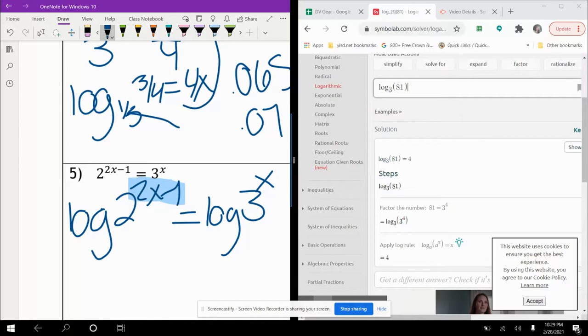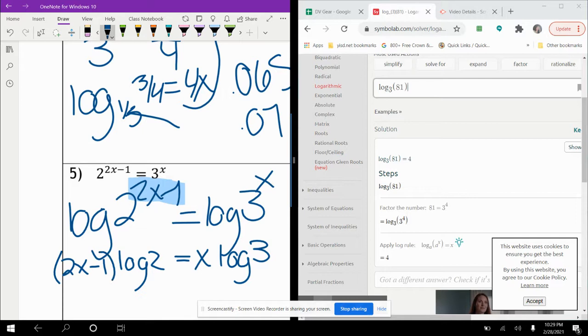So I'm going to write it as 2x minus 1 times log of 2, equals, and then I'm going to move this x to the front, log of 3. I'm going to see what log of 2 gives me and what log of 3 gives me. In my calculator, I'm going to put log of 2 and log of 3 as well.